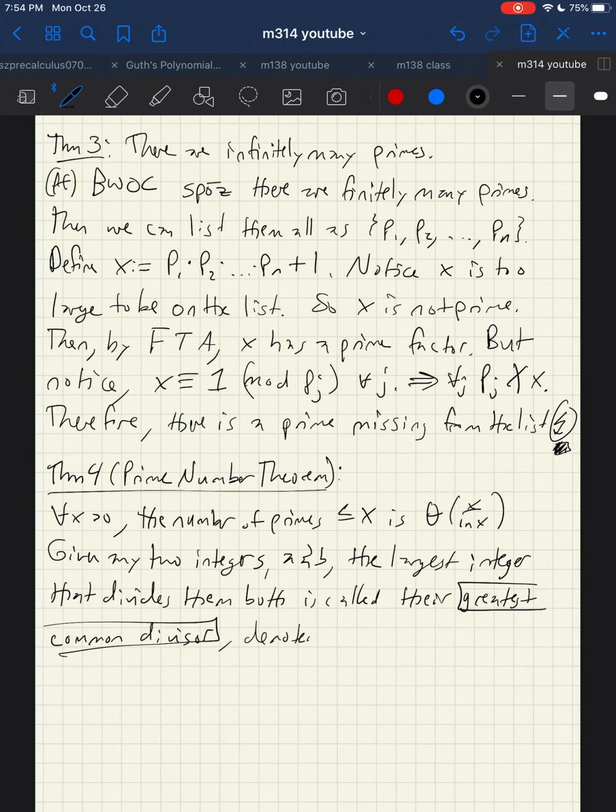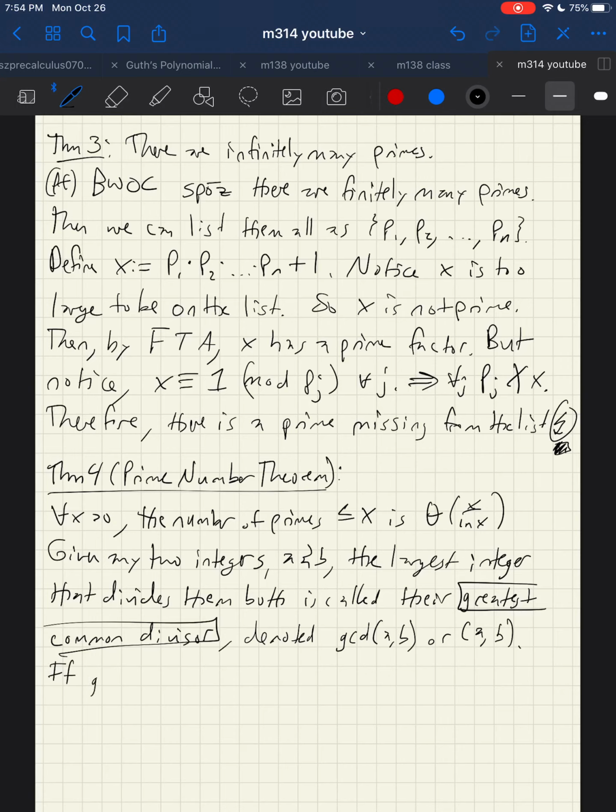And we often denote it GCD of A and B, but sometimes you'll see it as just A and B in parentheses. I don't like this notation because there are a number of things that are A comma B. I mean, from inner products to open intervals or coordinates, there are just a number of things. So I'm going to try to avoid that notation, but I'm just letting you know in case you find it online.